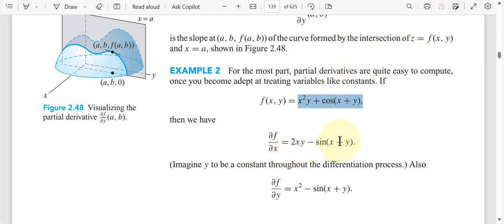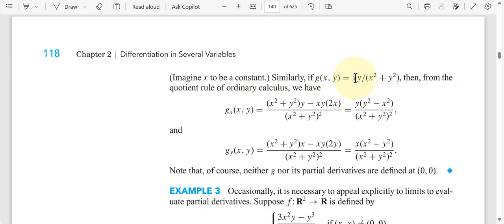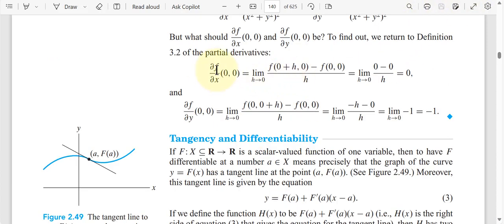So we get this result, and if we do the partial derivative, okay, and another example, if you have g as this function, you can calculate this, which is just a different notation for the partial derivative of g with respect to x, the partial derivative of g with respect to y. Okay, and then this notation just means that after you calculate the derivative, you put in the values for x and y.